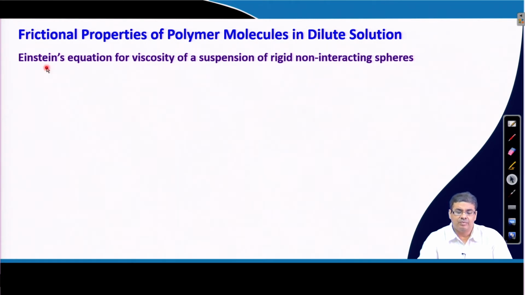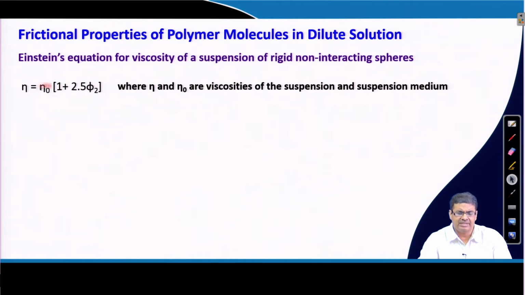Now, we will talk about the Einstein equation for viscosity of a suspended rigid non-interacting sphere as we described in the last slide. We talked about an impermeable hydrodynamic particle effectively which does not interact with the solvent molecule, the frictional coefficient of which is the same as the real polymer chain along with the solvent molecule.